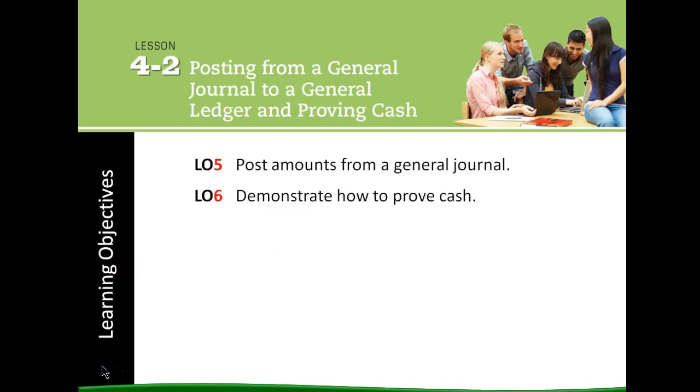The other thing that we want to remember is that in addition to keeping track of all of our payments and our receipts in our cash account, we're also going to have a checkbook or an account at the bank that needs to match the balance of our general ledger account that is our cash account at all times. So we're going to make sure that we can use that account information at the bank and prove cash that it matches what we have listed then in our ledger account.